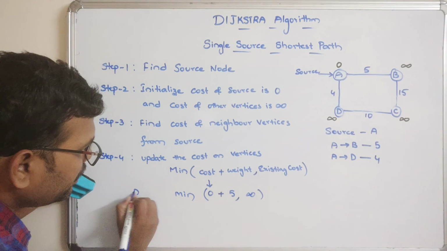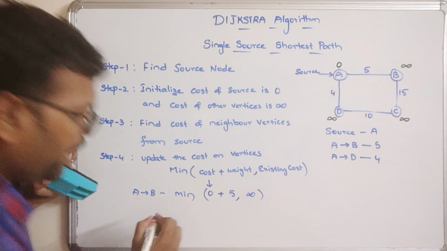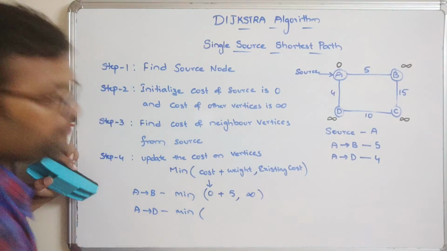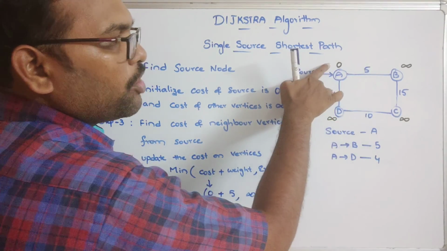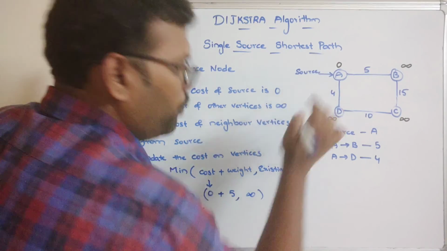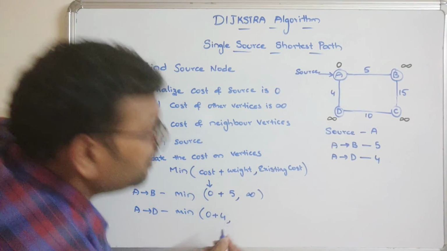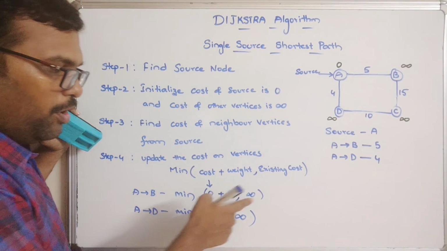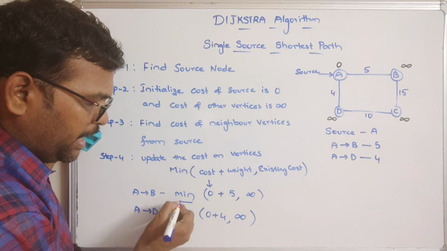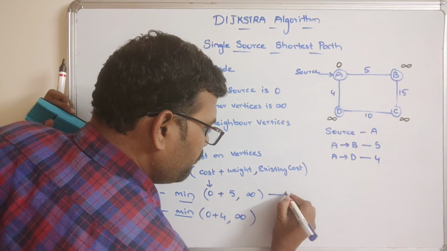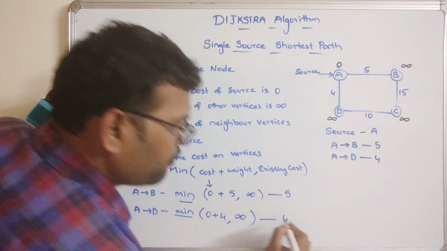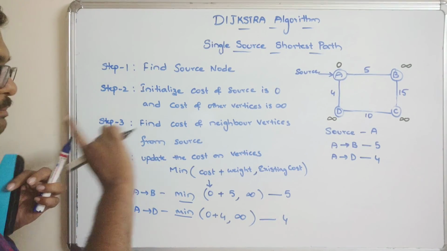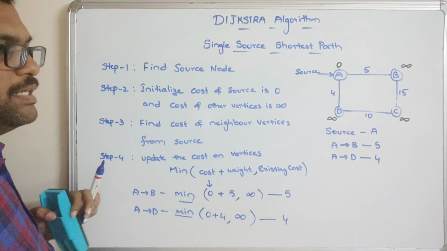Similarly for A to D, the minimum of cost 0 plus weight 4, and the initial cost is infinite. In both cases we consider the minimum, so obviously it will be 5 and obviously it will be 4. Hope you understood. Now we need to update the cost on vertices.